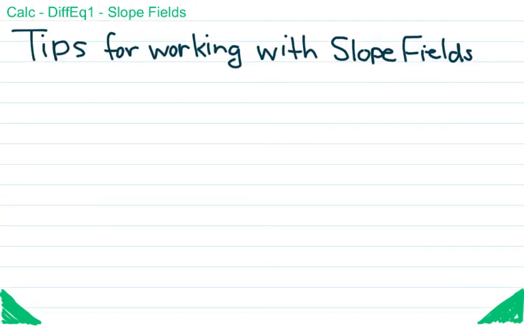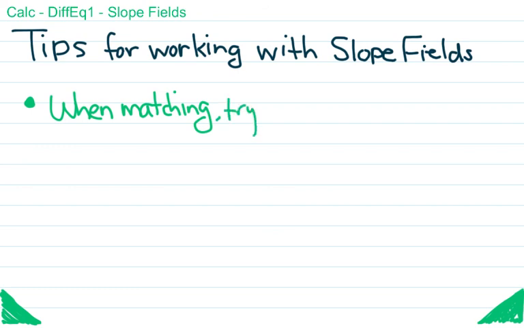Alright, what I like to do is just end with a few tips for working with slope fields. The first one is that when you're matching slope fields to the actual equations, which is kind of one of the main things we want to do, you just want to try points in each quadrant.